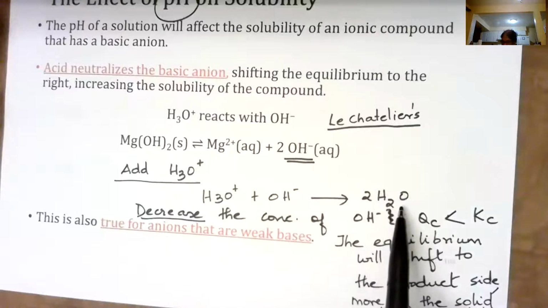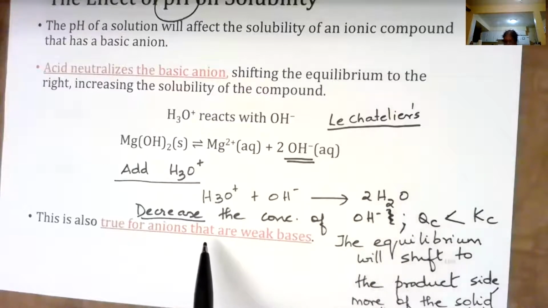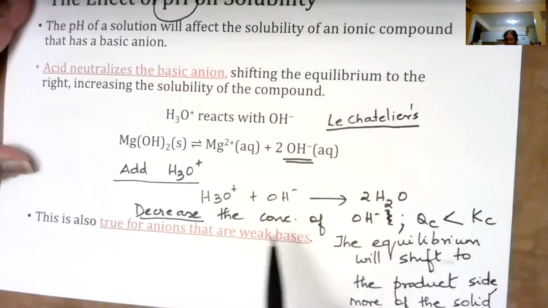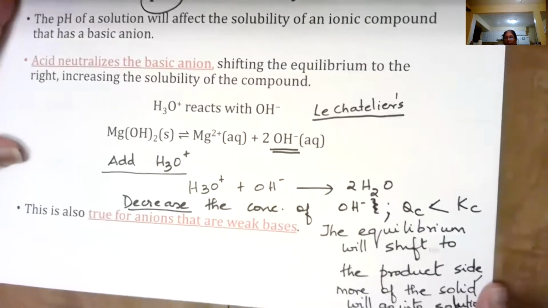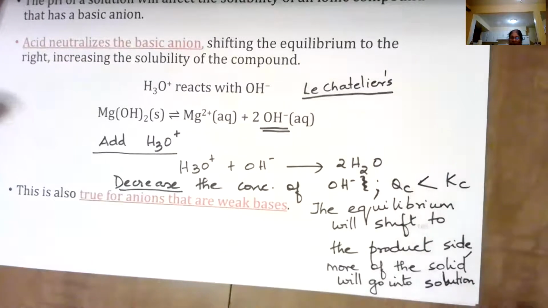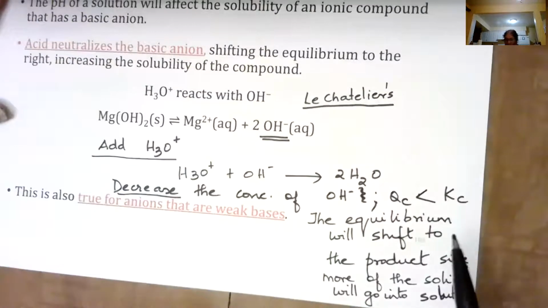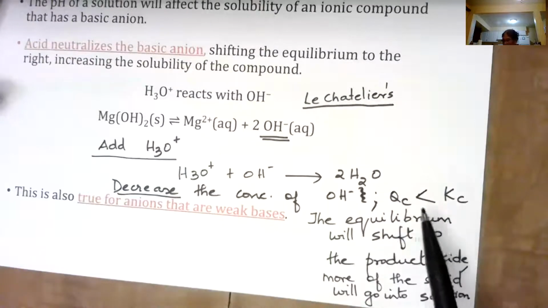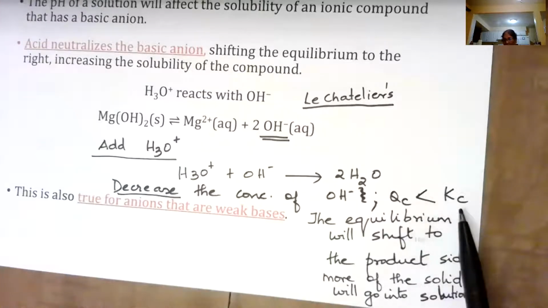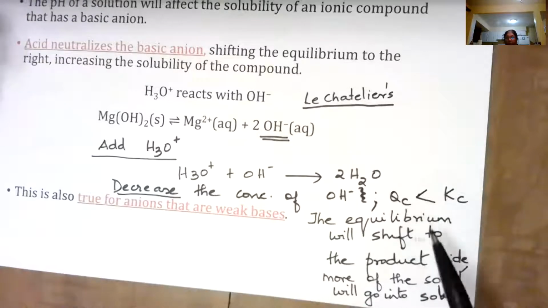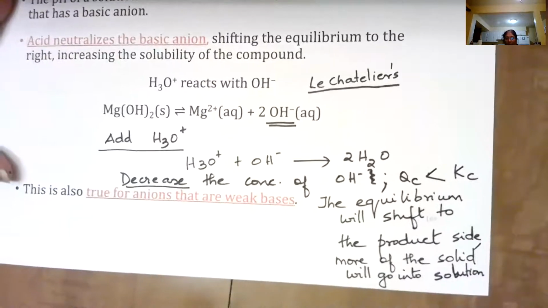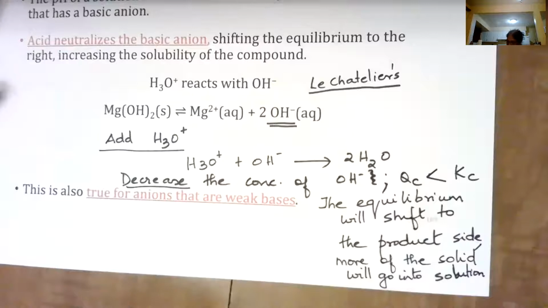And therefore, indirectly, you're decreasing the concentration of OH minus. Okay, one of the product concentrations is decreased. So then QC is less than KC, and the equilibrium will shift to the product side. More of the solid will go into solution.